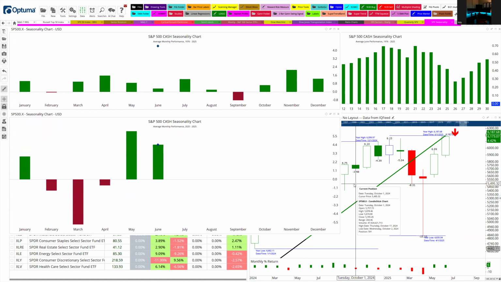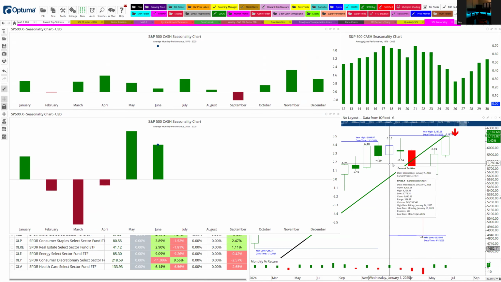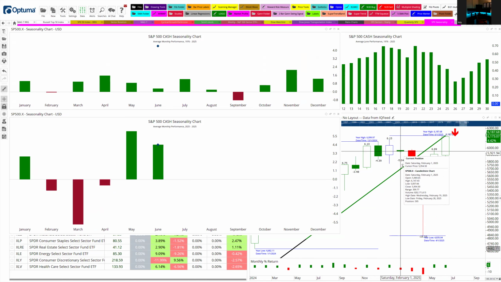There you go. This is this year, and this is the 1976 to 2025 average right there. So January was positive, February was down, technically a bit flat, heavy selling in March. April, that's when we started to recover, coming back up. So here is January right there. This one right there is February. The month is on the bottom. February right there.